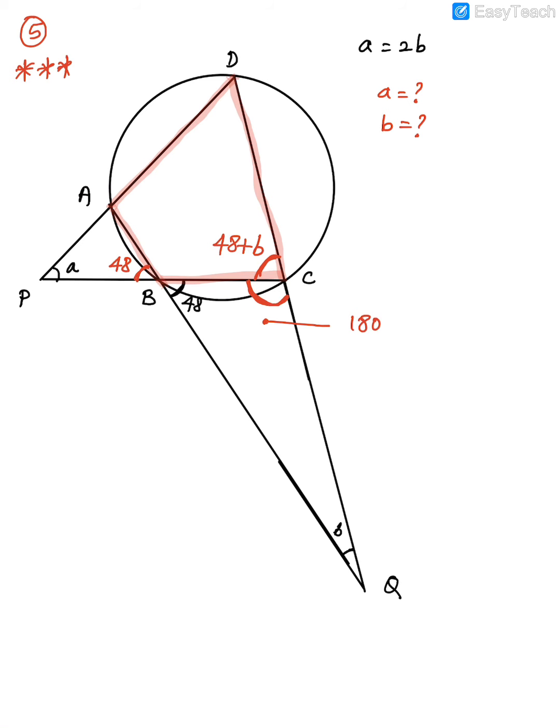It will be 180 minus (48 plus B). So you'll get some angle, say it comes to 132 degrees. Now you can find this adjoining angle, supplementary angle, right? Linear pair. Again you do 180 minus this. So you'll get that 48 plus B. Okay, but I will still advise that you learn the exterior angle property of a triangle. It will make your calculations very easy.